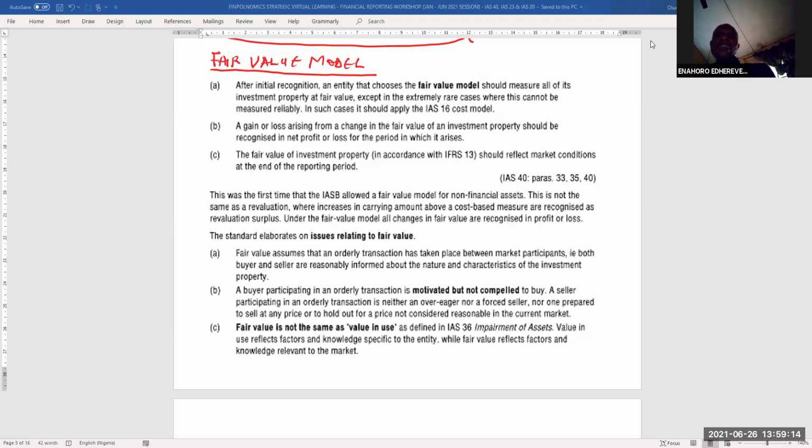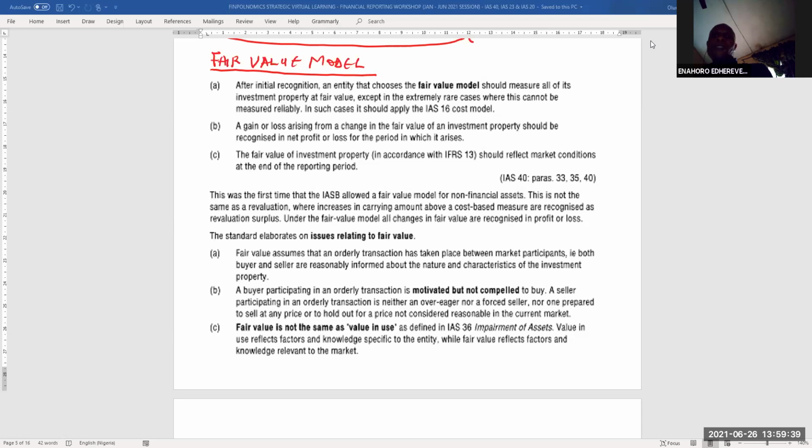The standard elaborates on issues relating to fair value. Fair value assumes that an orderly transaction has taken place between market participants, i.e., both buyer and seller are reasonably informed about the nature and characteristics of the investment property. A buyer participating in an orderly transaction is motivated but not compelled to buy.